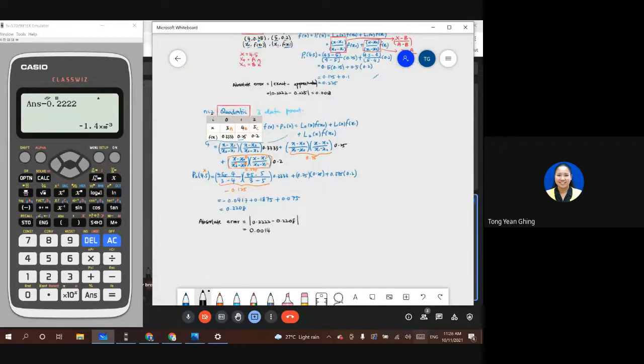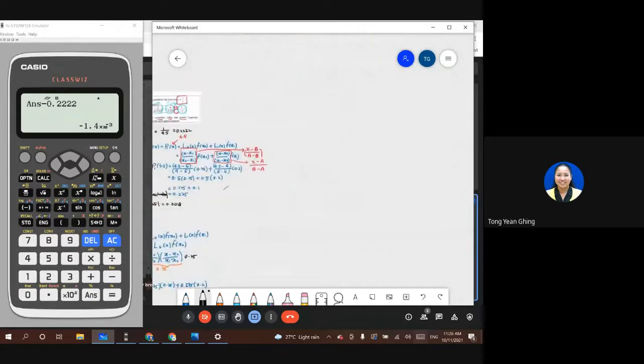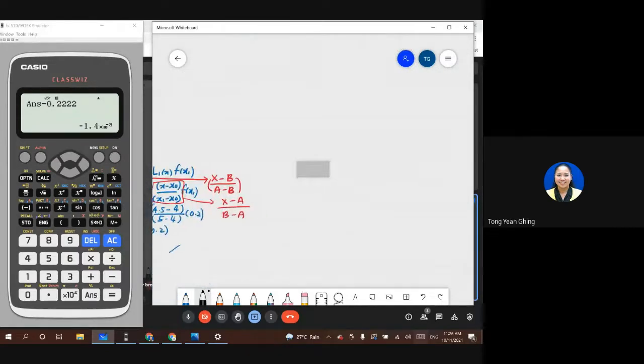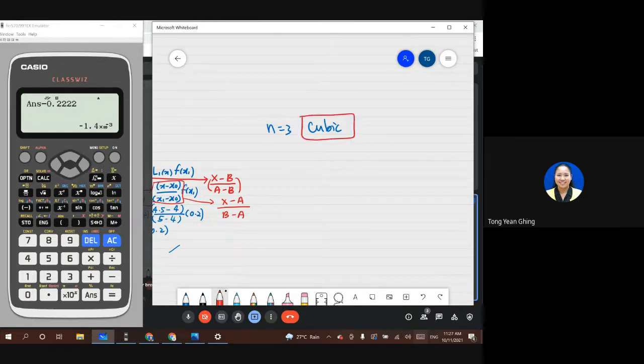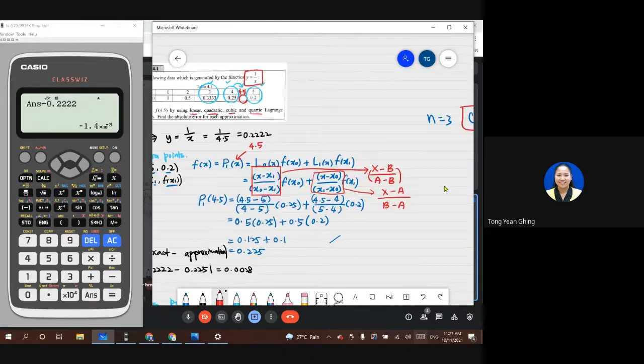So after that, we go to n equal to 3. I write over here. N equal to 3 means cubic approximations. Cubic means we have 4 data points, n plus 1, 4 data points. So you look at here, that means starting from 2, 3, 4, 5.